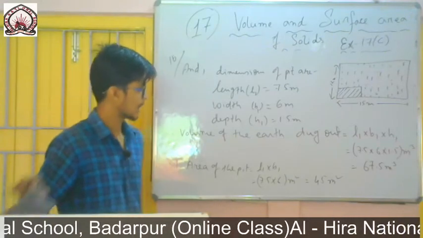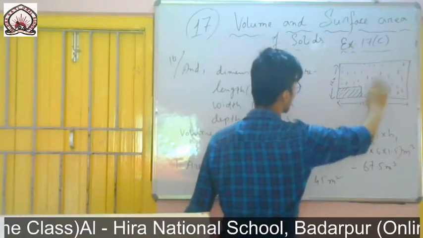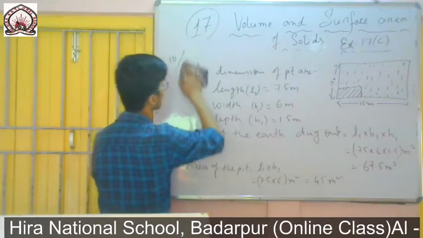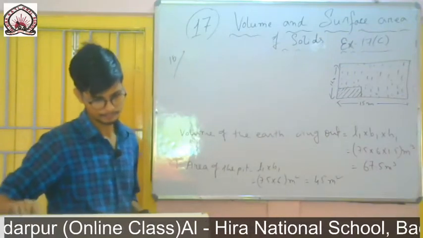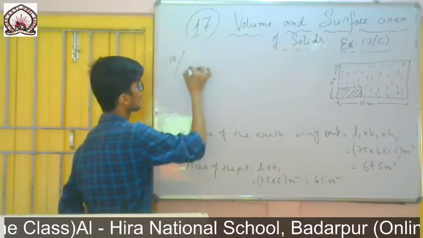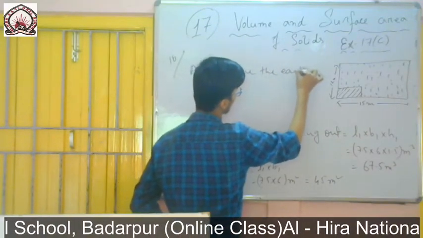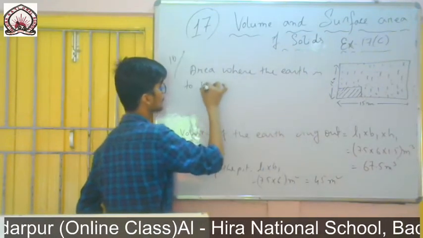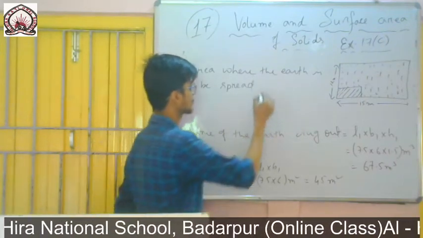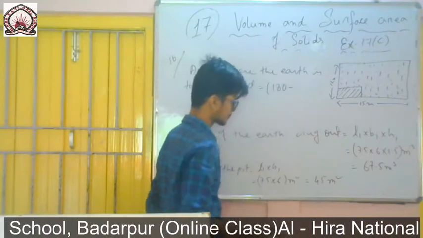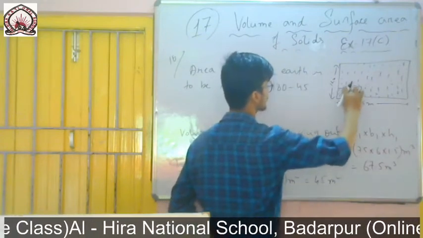So now I will find this area. From the whole area of this rectangular field I will subtract this portion. Therefore, area where the earth is to be spread equals 180 minus 45. 180 was the area of the whole rectangular field, and 45 is this portion.